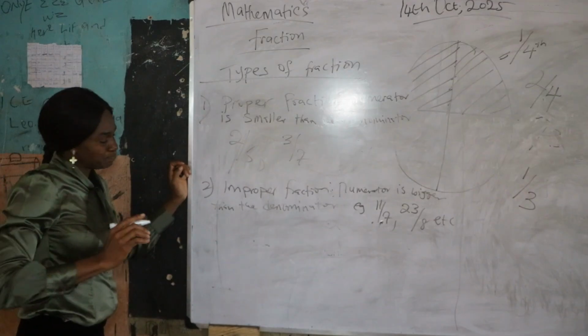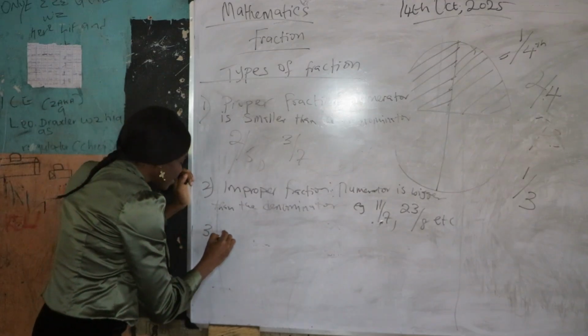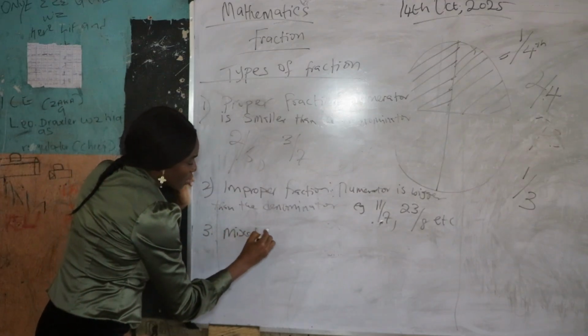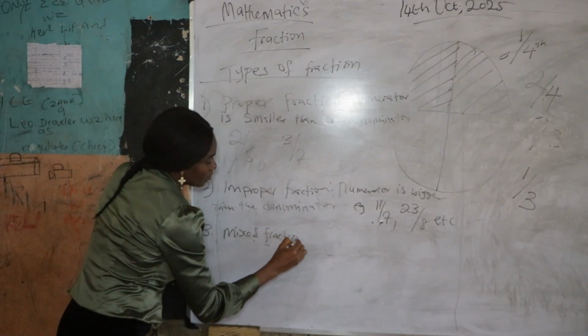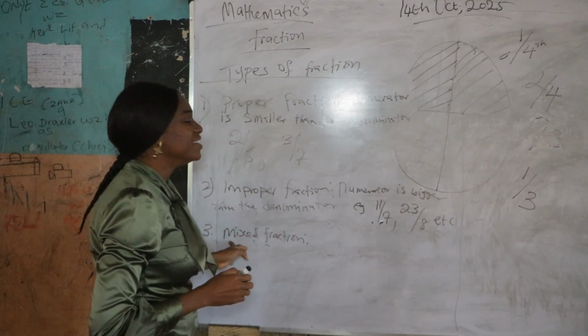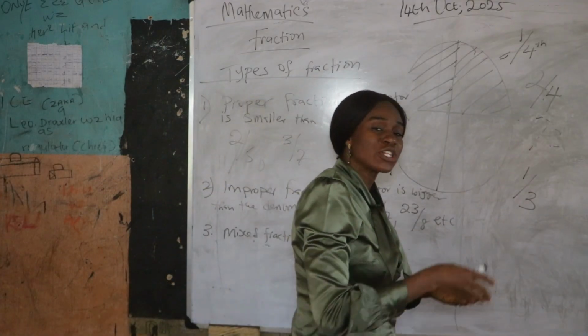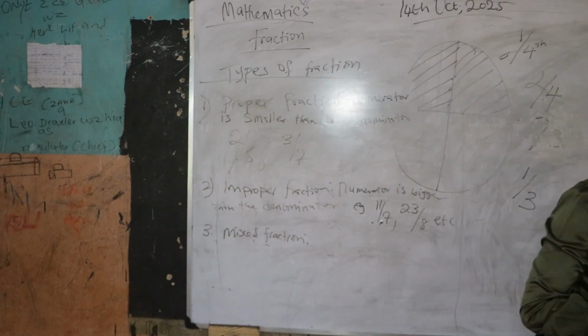Is that okay? Then number 3, we have mixed fraction. This is a fraction, just from the name, it is combined, it is mixed up. It is a combination of both a whole number and a fraction.